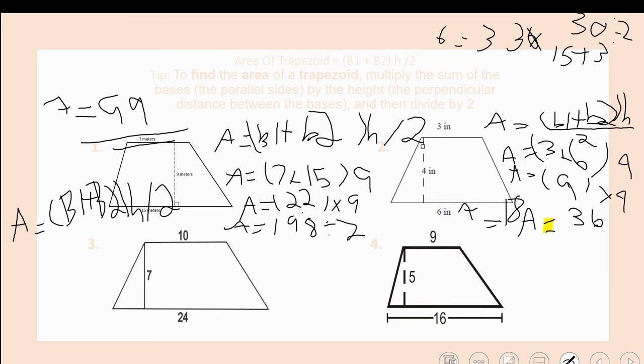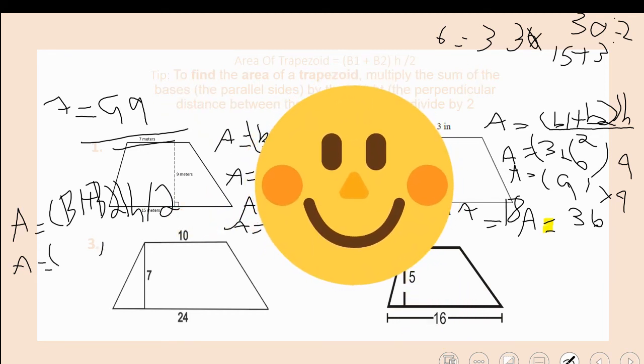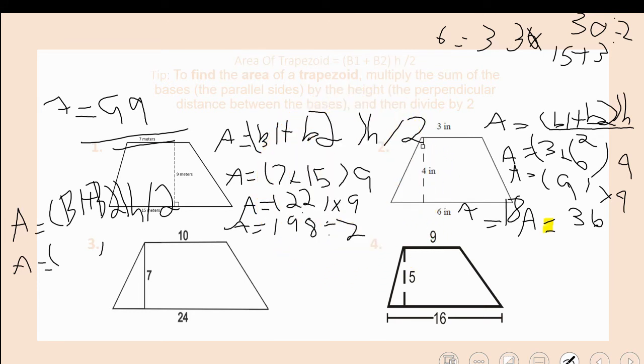Okay, so 10 is base 1, and the base 2 is 24. And those are the parallel sides. And then the height is 7.